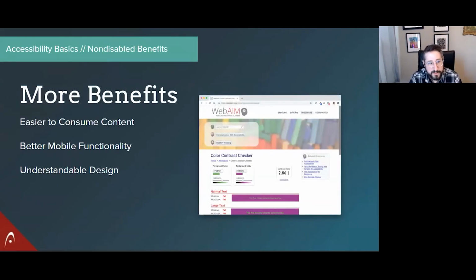And there are a lot of benefits, even beyond accommodating for these devices or software programs. Very accessible websites tend to also be highly usable, because accessibility is about making things usable, making sure things have enough contrast and the correct structure to be very usable by, say, people with poor vision or people using these other devices.